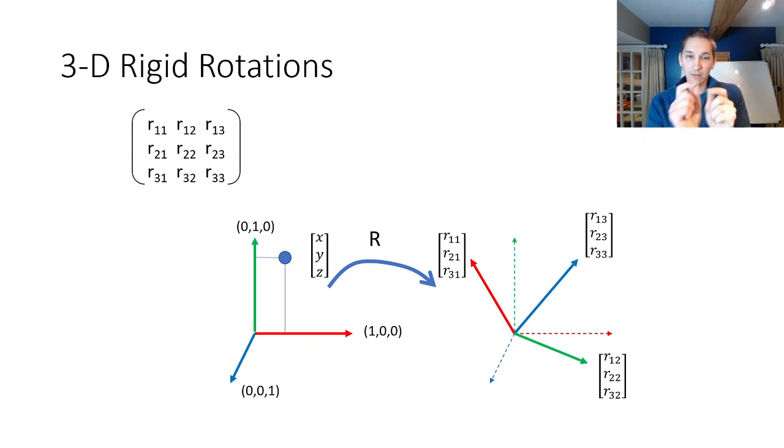The amount that this point moves along the x-axis stays the same, it's just that the x-axis has changed. So this gives us x times the first axis. We can think about how much the coordinate is shifted along the y-axis, and add those things together to get this point here. If we compute this final result, we get the coordinates of the point in the world coordinate frame. So this is simply the matrix multiply R times xyz.